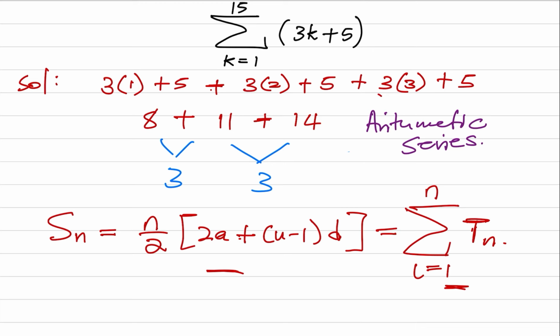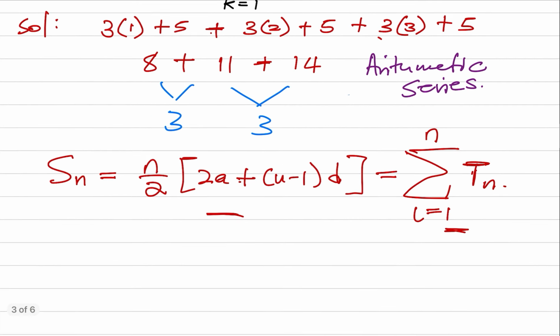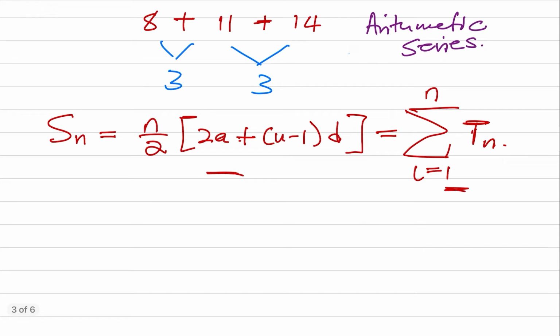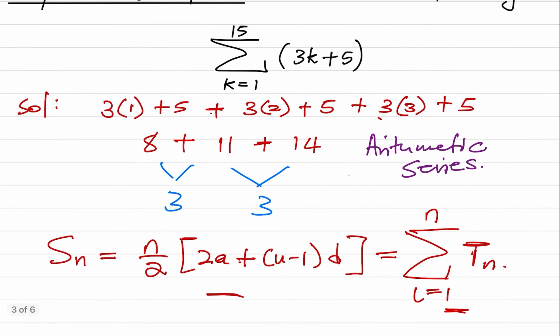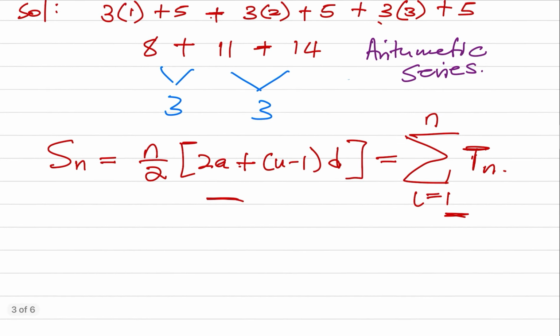All right. Now let us solve using this formula of Sn. So how many terms do we have here? We have 15 terms. Since i is equivalent to 1, the number of terms is just 15.